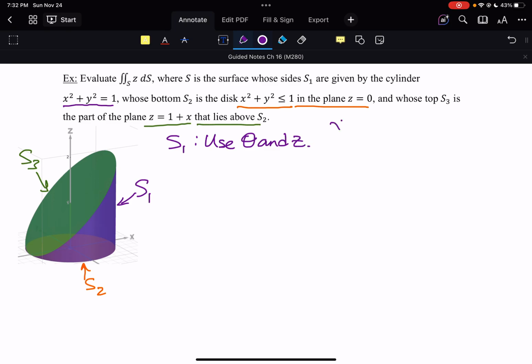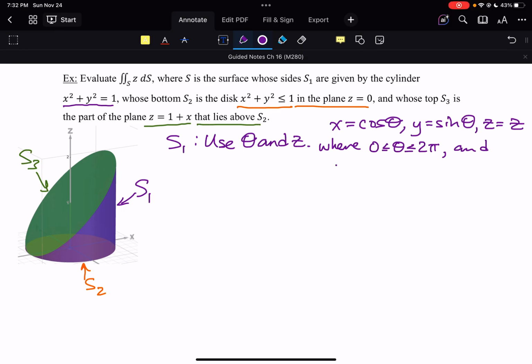So we're going to get x, which would normally be r cosine theta, but r is 1, so it's just cosine theta. Y is sine theta, and z is itself, where theta goes from 0 to 2 pi, because we're going all the way around the cylinder.